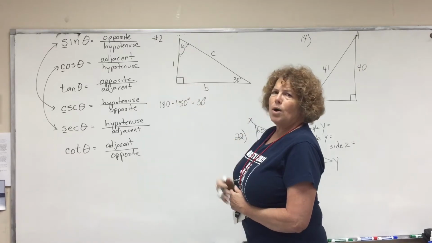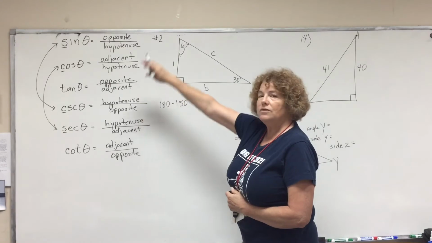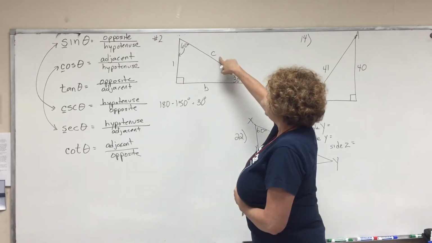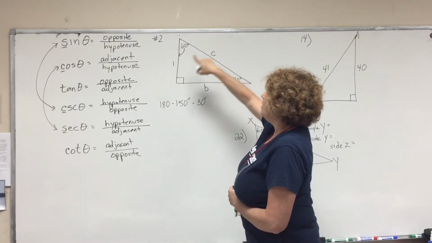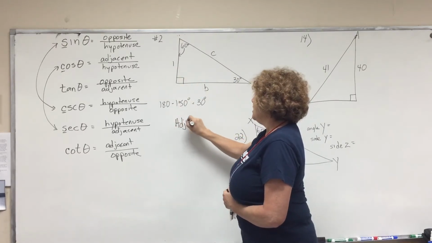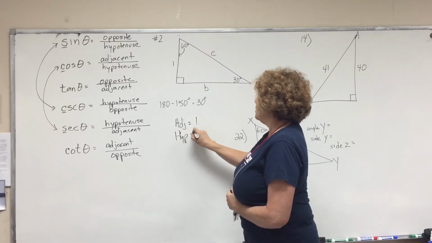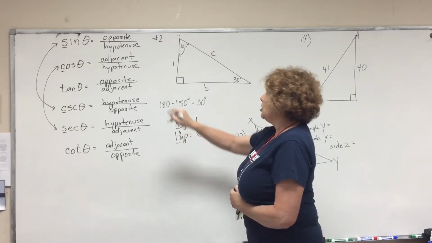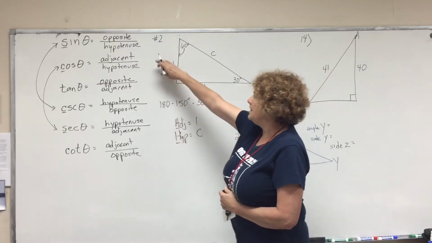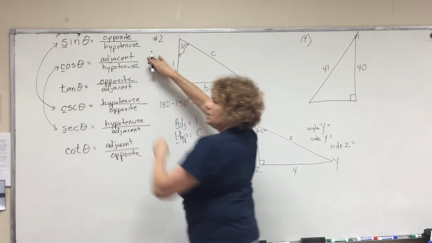So now choose what side you want to solve for, because that will determine which of these we use. So I'm going to choose the hypotenuse. So if I've got the adjacent, so the adjacent equals 1, and I want the hypotenuse, then I just go shopping over here and I say which of these has adjacent and hypotenuse in it. And lo and behold, cosine does.